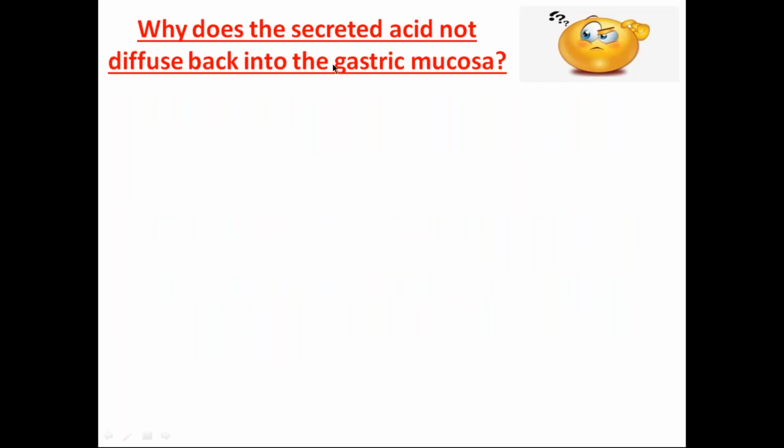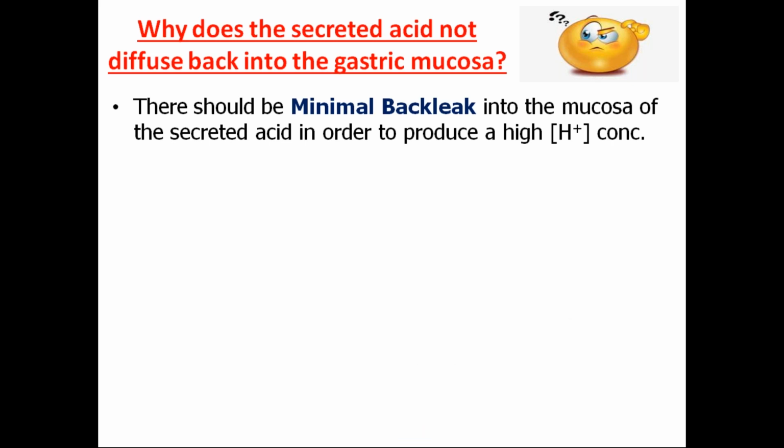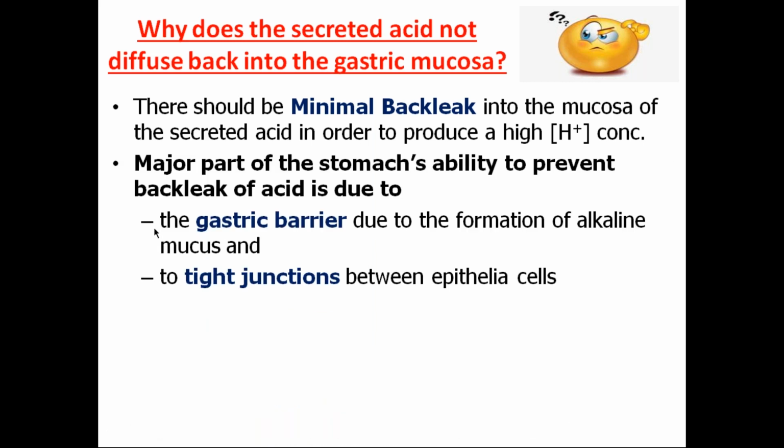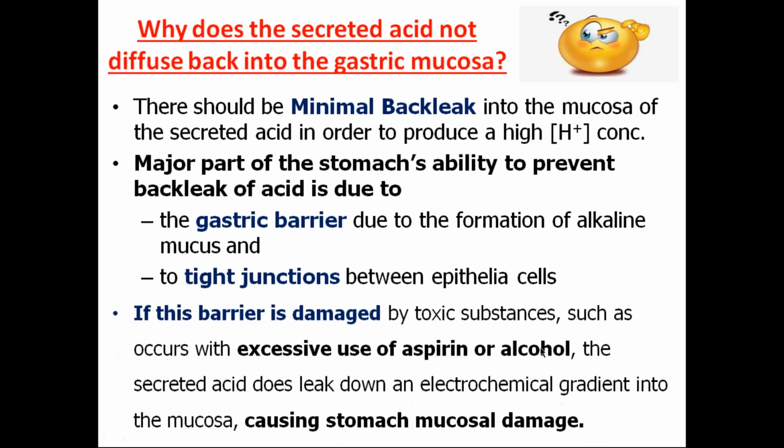So another question is, why does the secreted acid not diffuse back into the gastric mucosa? Now this again I told you: the gastric mucosal barrier prevents the back leak of hydrogen ions which were secreted, right? There should be a minimal back leak into the mucosa of the secreted acid in order to produce a high concentration of hydrogen ions within the gastric lumen, and a major part of this is due to the gastric barrier, which is due to the formation of alkaline mucus and the presence of tight junctions between the epithelial cells.